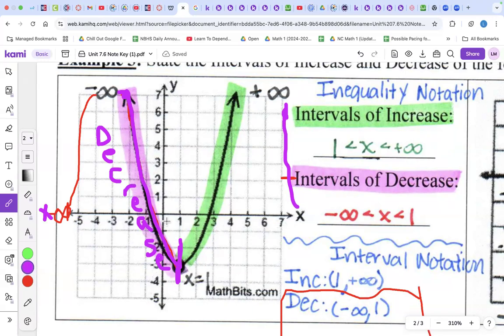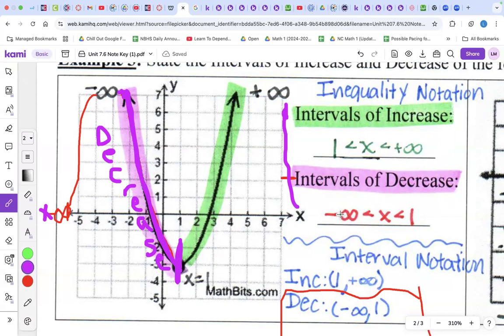So what is your interval of decrease? Don't get them mixed up. Your interval of decrease starts at negative infinity, right here, and it falls all the way down, and it stops at 1, right there.